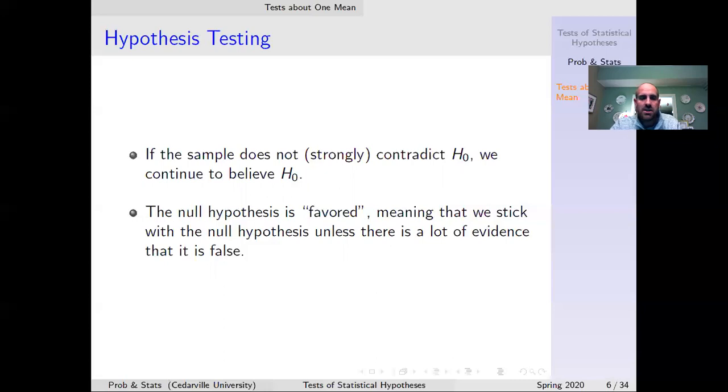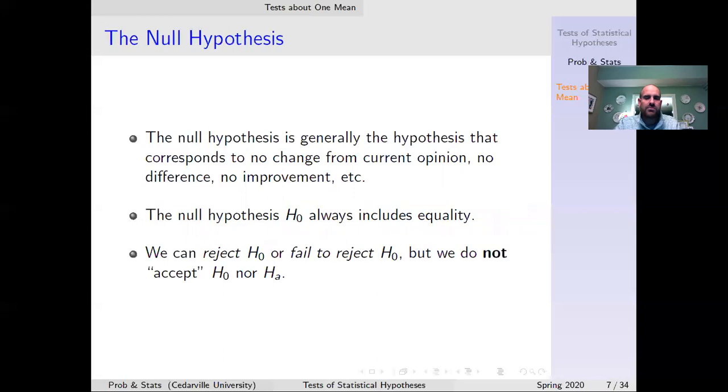You just say, you reject the null, okay, you think that that's unlikely to be true, or you say we do not reject the null, which means there isn't enough evidence to reject it, and so we're going to continue to believe it. But there's always that outside chance that you could be making a mistake. Okay, that's just the nature of statistics.